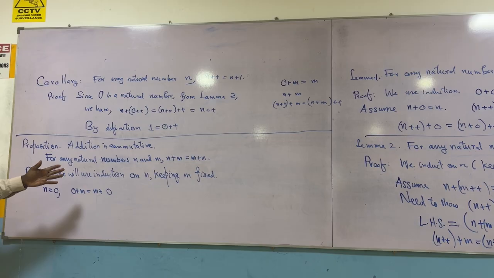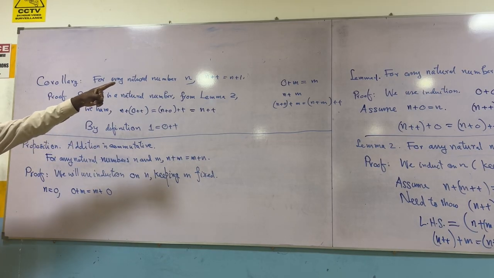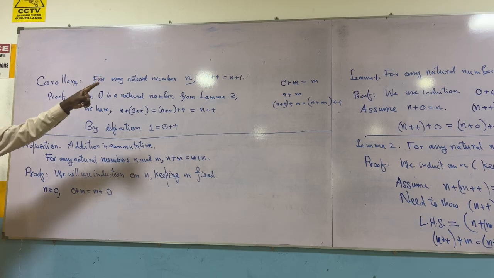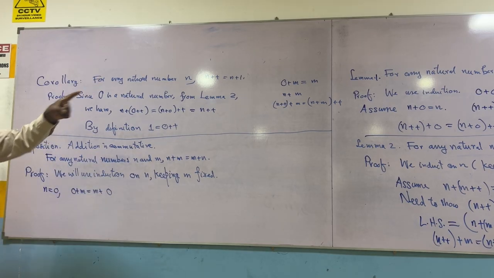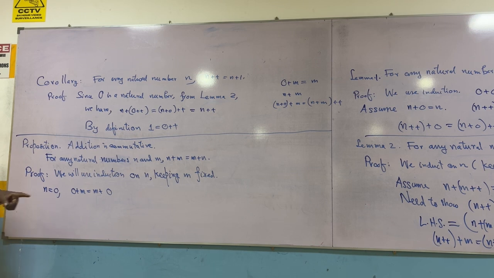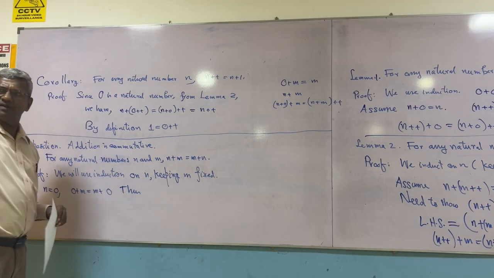I want to prove this. 0 plus m is equal to m by definition. m plus 0 is equal to m by Lemma 1. Therefore, this base case is done. That's the base case.